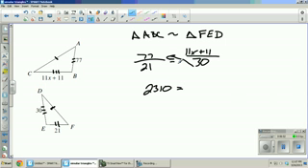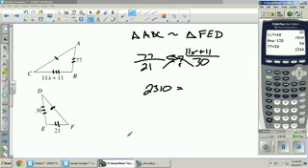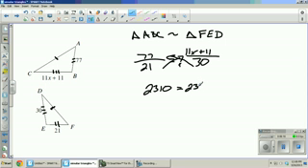Now I'm going to do the same thing here. 21 times 11, I should be able to do that in my head, but I can't. 21 times 11 is 231. So that's 231x plus 21 times 11 again, which is 231.